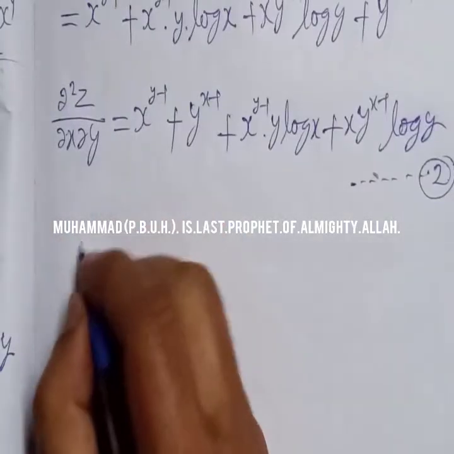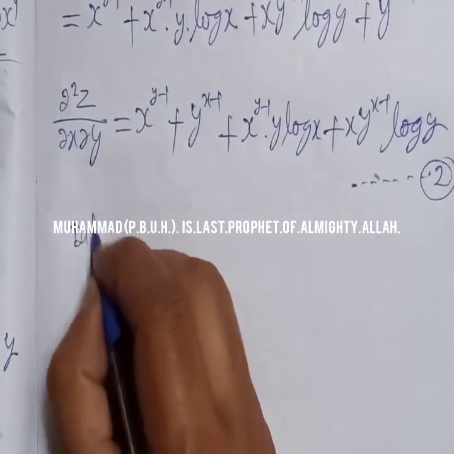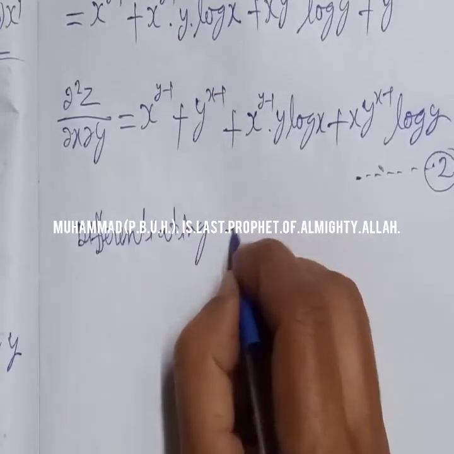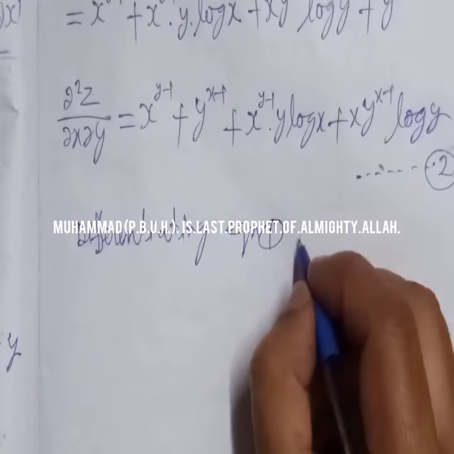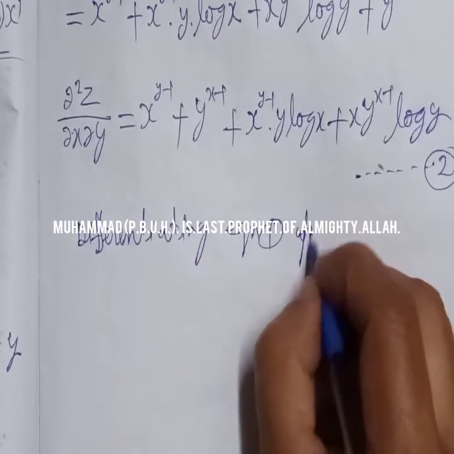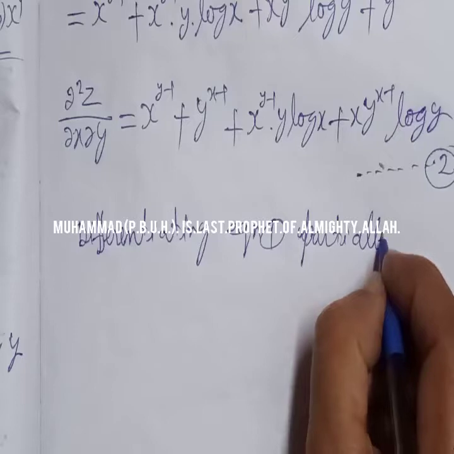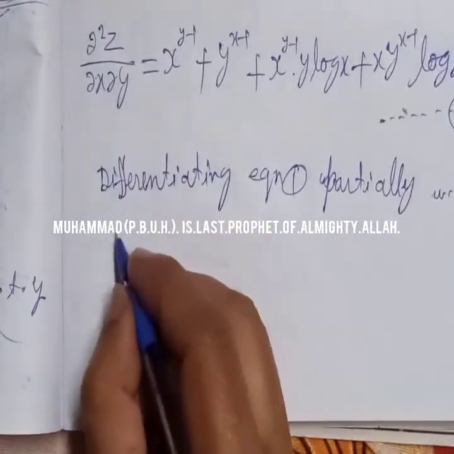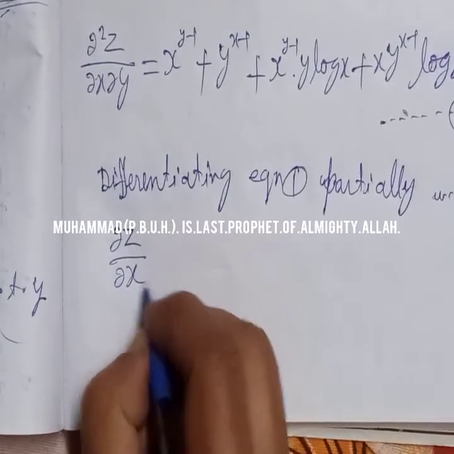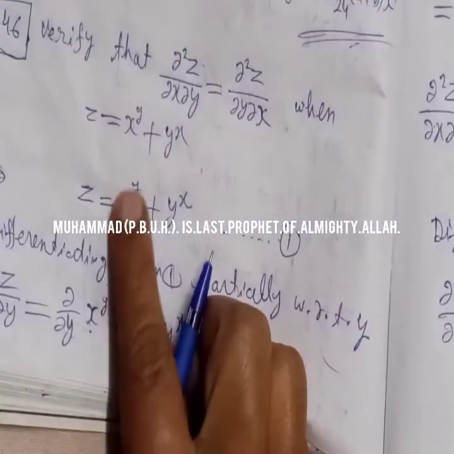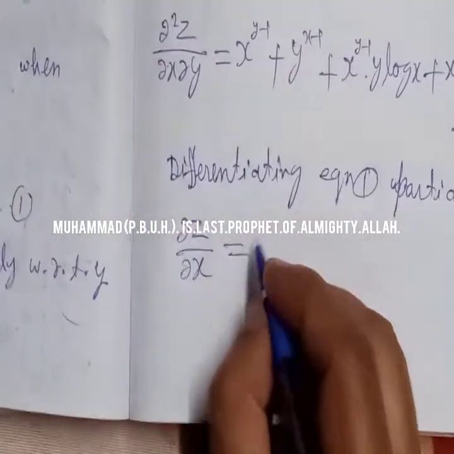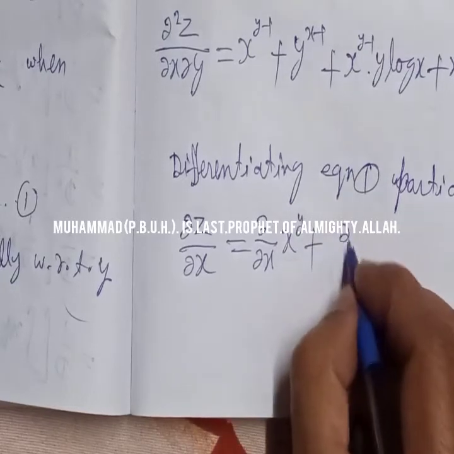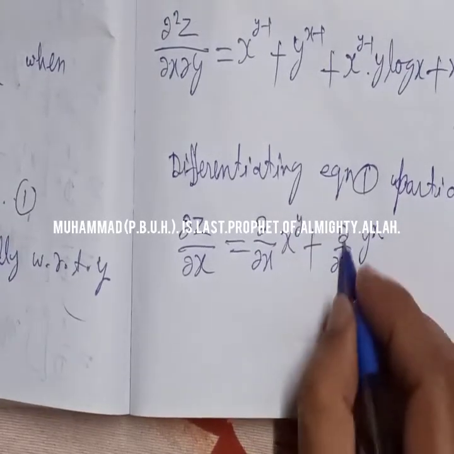So differentiating equation 1 partially with respect to x, we will get on the left hand side del z over del x, and these two terms will be differentiated: x to the power y, and the differentiation of y to the power x with respect to x.